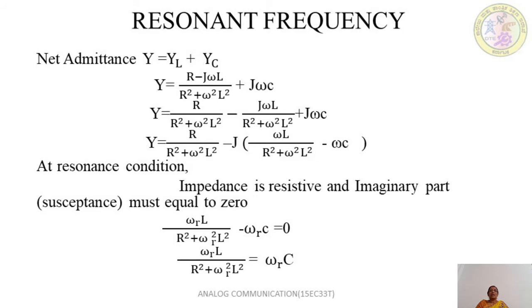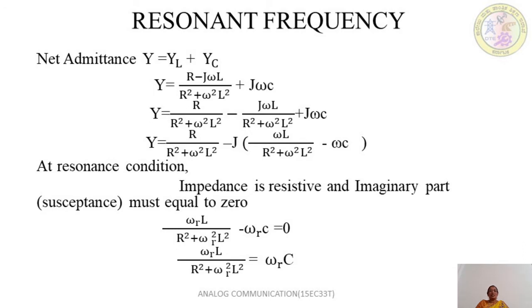Substituting YL and YC, that is (R minus j omega L) by (R square plus omega square L square) plus j omega C. Separating the terms, that is R by (R square plus omega square L square) minus j times [omega L by (R square plus omega square L square) minus omega C].